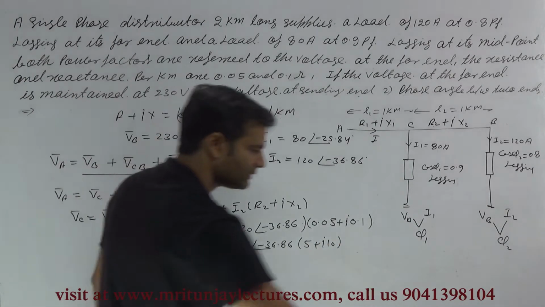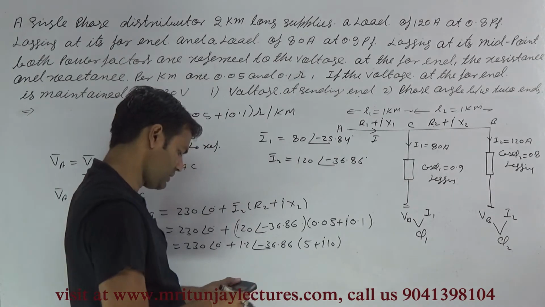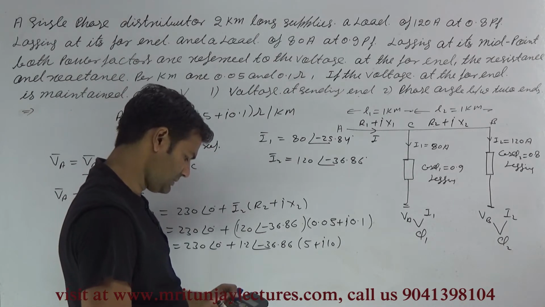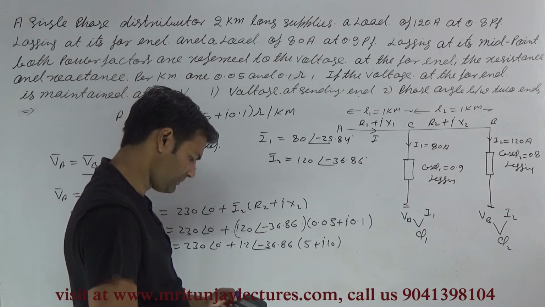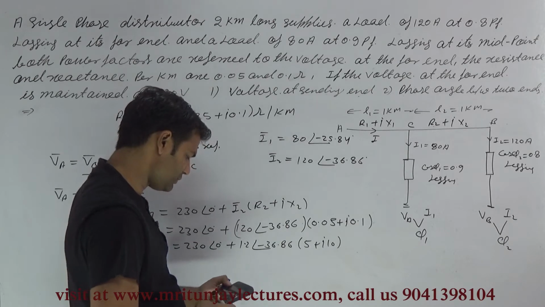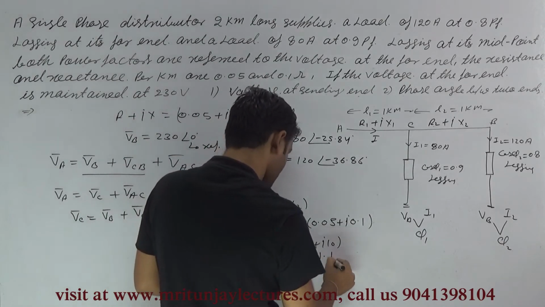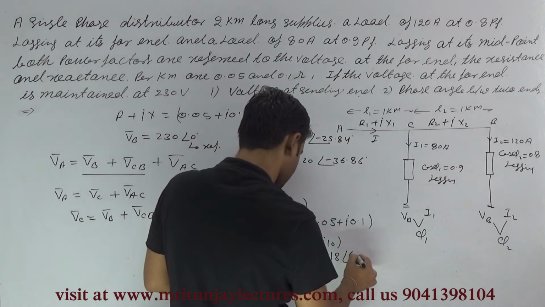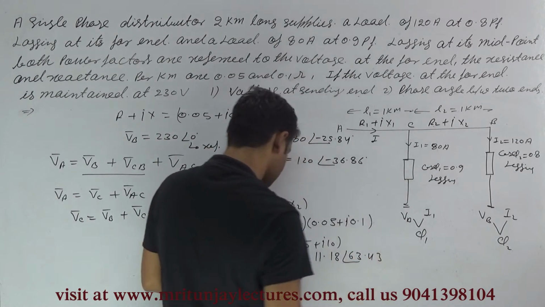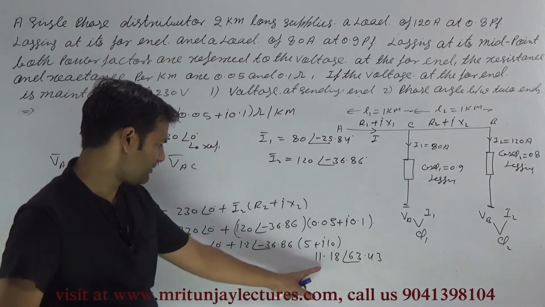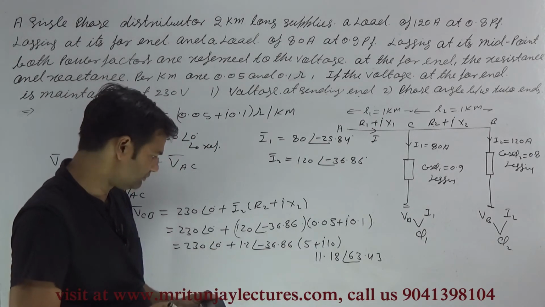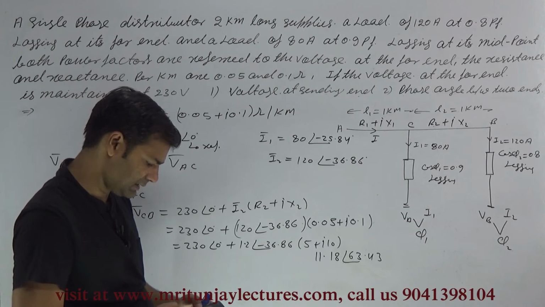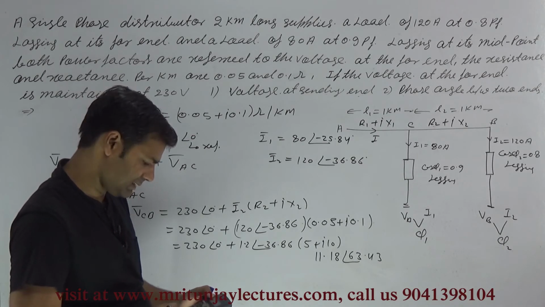Now 230 at the angle 0 plus 120 at the angle minus 36.86, times 0.05 plus j0.1, so finally 5 plus 10j is converted into 11.18 at the angle 63.43. Multiply by this one, that is 120 at the angle minus 36.86.